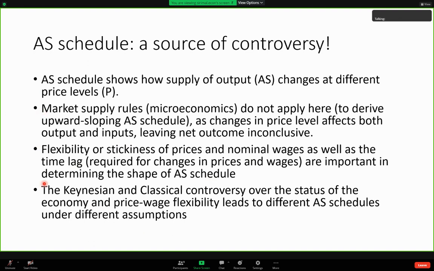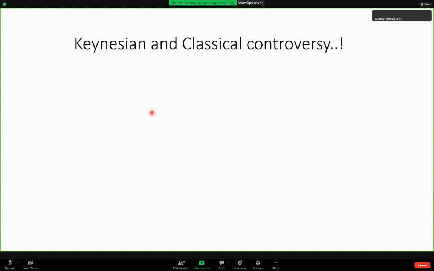In fact, these ideas come from the distinction between the Keynesian and classical schools of economics. So there are differences between the two schools regarding price-wage flexibility and under different assumptions. So we are going to look at those differences now.